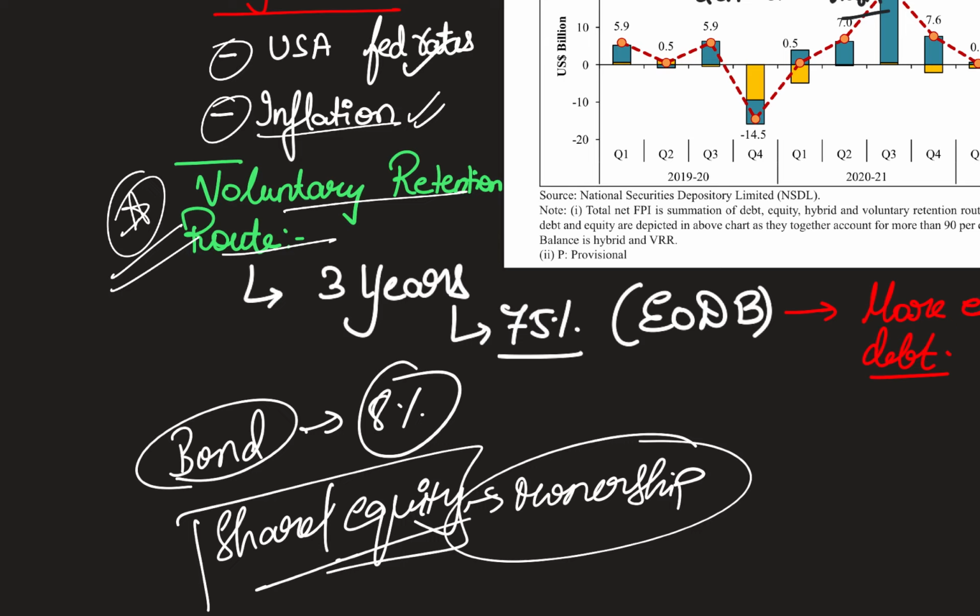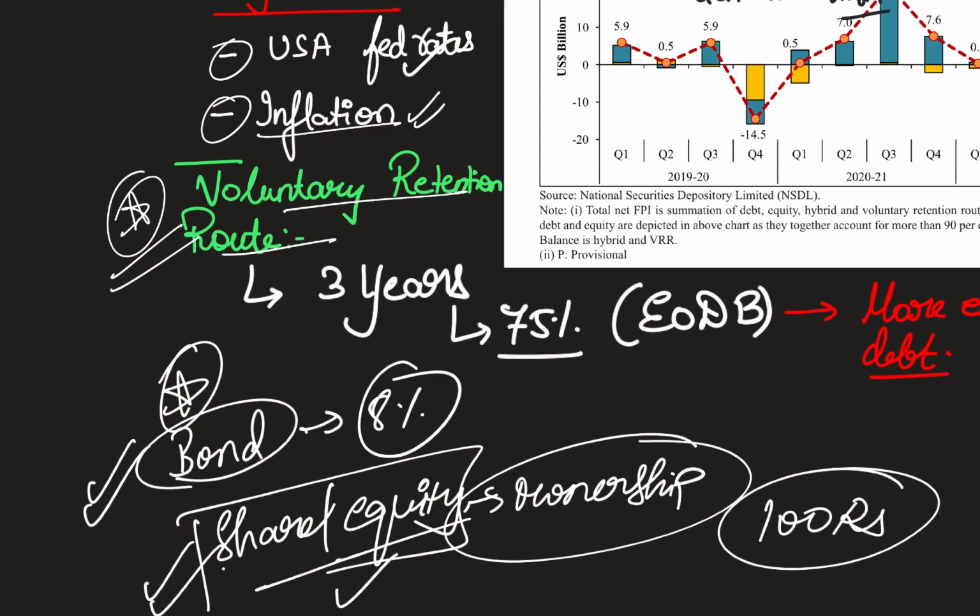Now, the investors are not really in a mood to go for bonds in a booming economy like India, which is growing. So they always went for shares, but not bonds. To increase the dependence on bonds, to ensure that they get a fixed return instead of this volatility, the government wants to ensure that, let's say, if 100 rupees is the amount that an investor gets, and if they retain at least 75% of that for 3 years in Indian government bonds or corporate bonds, then they'll have certain measures which will improve the ease of doing business for these investors.